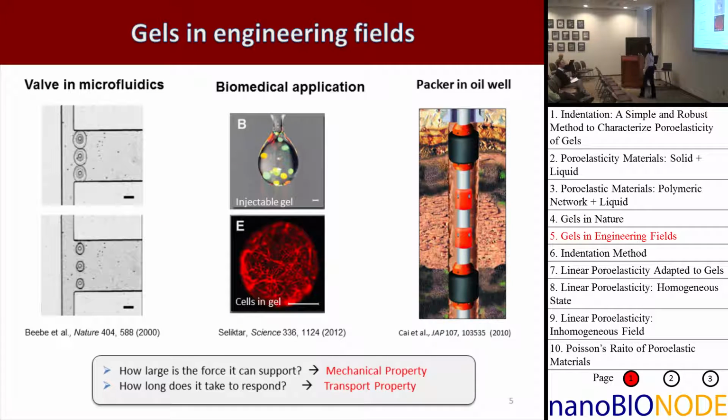Gels are also important engineering materials. A lot of gels can be made stimuli responsive. Here is one inspiring work done by Professor David Beebe at Wisconsin Medicine. They fabricated this gel post inside a microfluidic device.